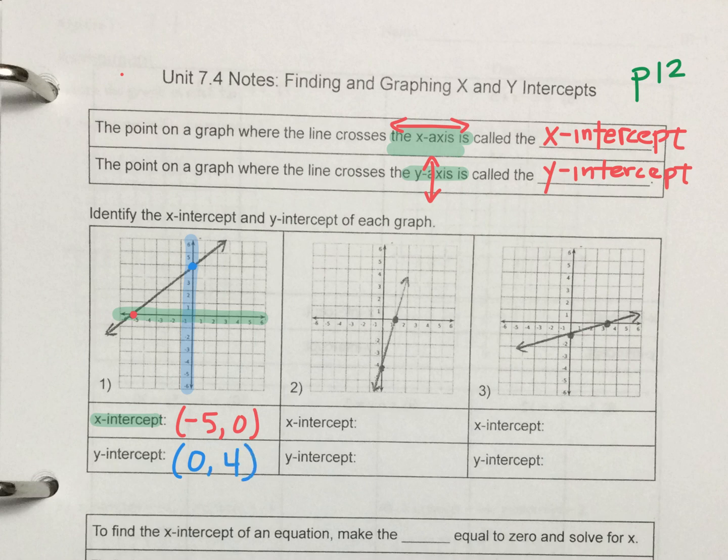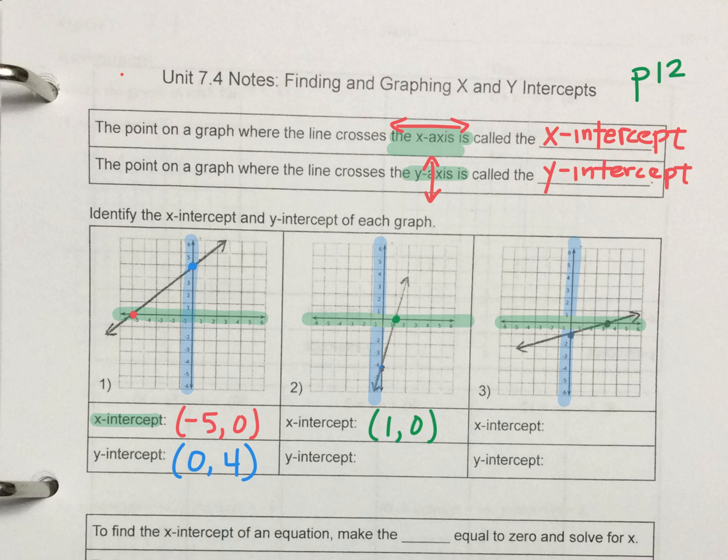So this is pretty simple. Let's go y's, x's. All right, so let's find our x in number 2. Well, pretty easy. 1, 0.